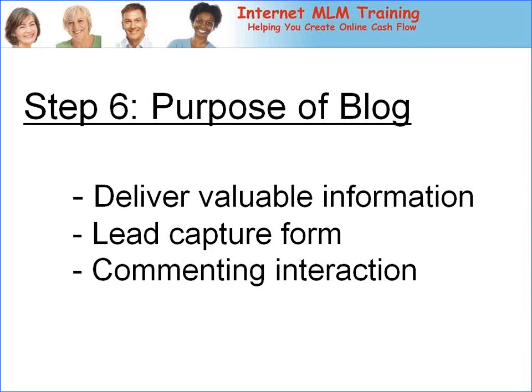A blog is a very powerful tool for setting up that marketing hub, a central place where you can do that. We're going to deliver valuable information on that blog, and that's what customers are looking for, is valuable content. Of course, the whole purpose of the blog is to create a lead capture format and capture leads and then market and add more value and market to those leads and provide some commenting, some interaction as well.